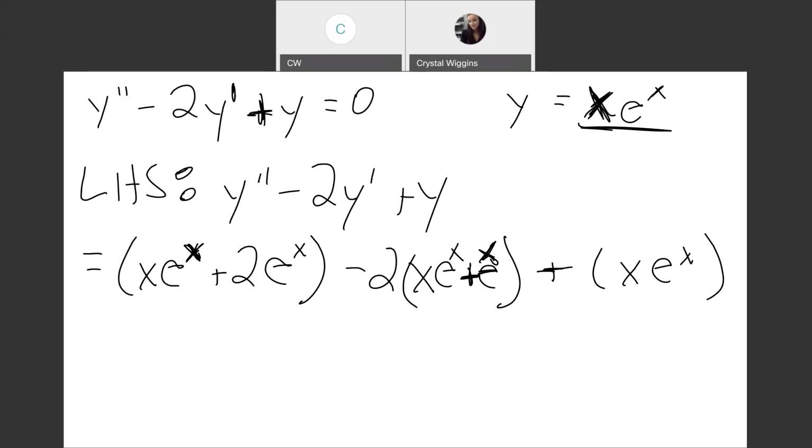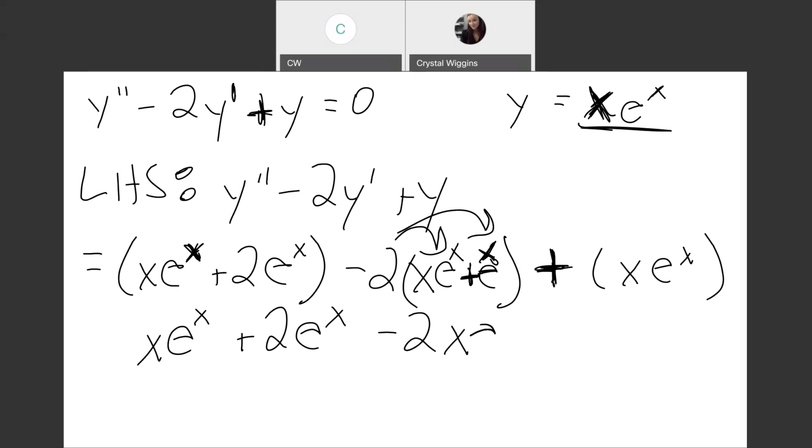Now, this is a bunch of craziness. At first glance, I'm like, this is not going to be 0, but you never know because we have a bit of algebra to complete. So we have x e to the x plus 2 of these e to the x's. To distribute here, we have negative 2 of these x e to the x's and negative 2 of these e to the x's, plus an x e to the x. Let me put this in a different color.